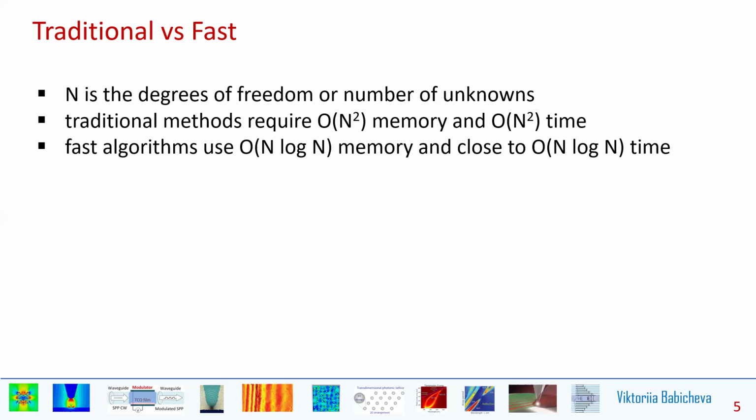It is different from the traditional methods that require order N^2 memory. Similarly, a novel fast algorithm can have time complexity close to N or N log N, as opposed to traditional methods with N^2. When N becomes very large, there will be a tremendous discrepancy in memory and time usage between fast solvers and traditional solvers.